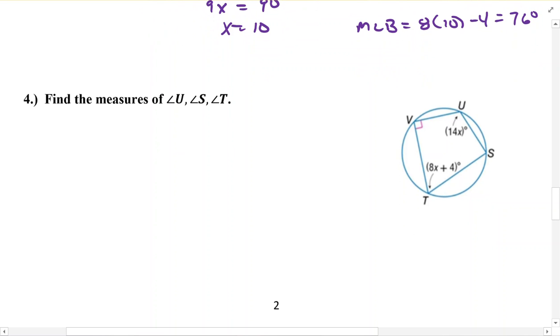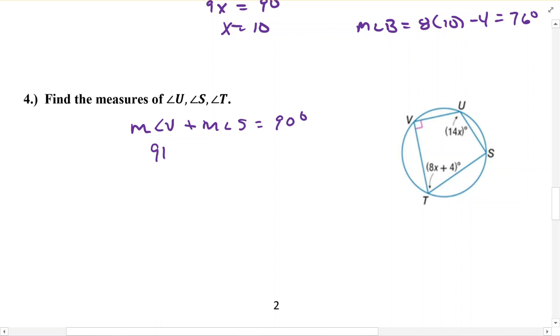Next, we have a circle with a quadrilateral that's inscribed inside of the circle. So we know that the opposite angles are supplementary. So in other words, the measure of angle V plus the measure of angle S has to equal 180 degrees.